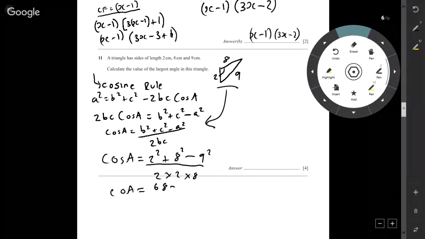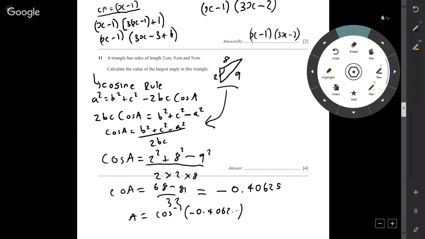When you simplify this down, cos A then equals 68 minus 81 over 32, which equals not a great number, minus 0.40625. Find that out using your calculator. To find out A, we do the opposite of cos, which is cos to the minus 1, and then minus 0.4062, and so on, whatever that number is.